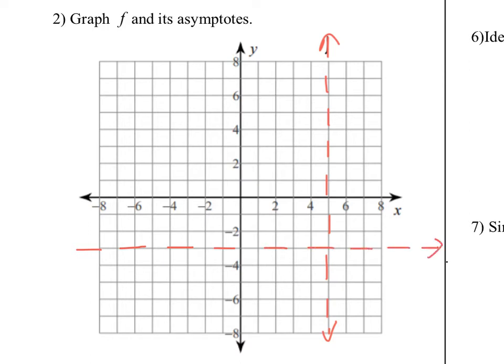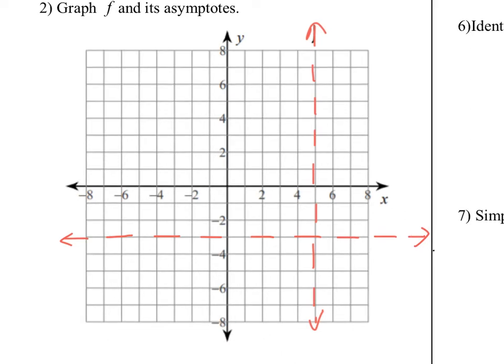And then I'm going to graph my curve. So one good point to look at is where is the y-intercept? If you can find the y-intercept, then you can find one of your points and you can get an idea of where your curve is supposed to go. So when I look back at my function and I solve for my y-intercept, I find that my y-intercept is 6 over 5.